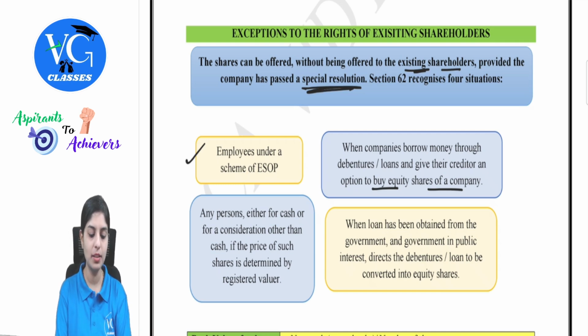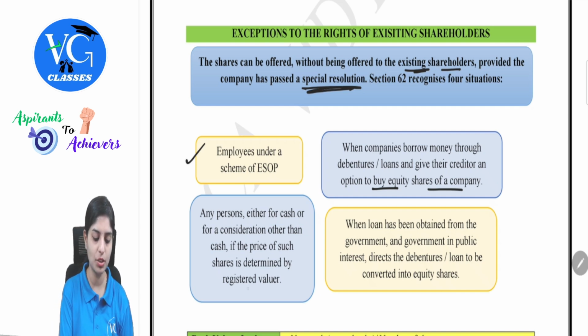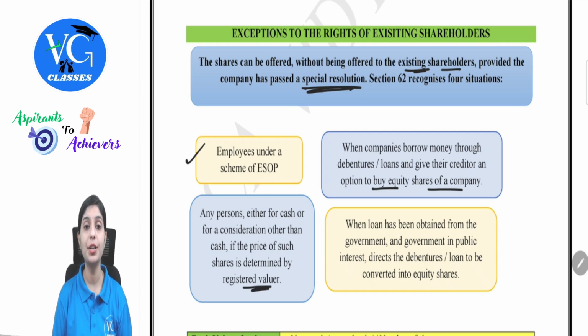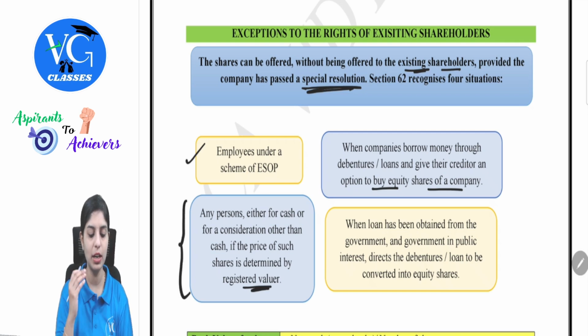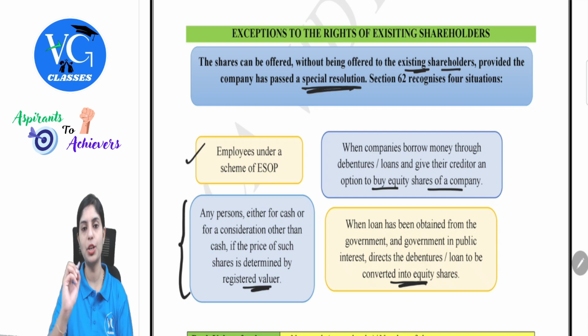Third, to any persons, either for cash or for consideration other than cash, if the price of such shares is determined by a registered valuer. Remember, we understood a scenario where shares can be issued for cash or for consideration other than cash. So if the price is determined by the valuer, that is also considered here. Next, when a loan has been obtained from the government and the government, in public interest, directs the debentures or loan to be converted into equity shares.